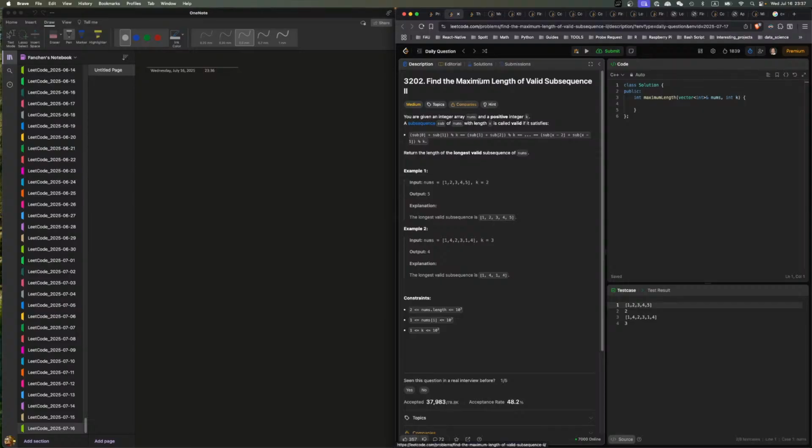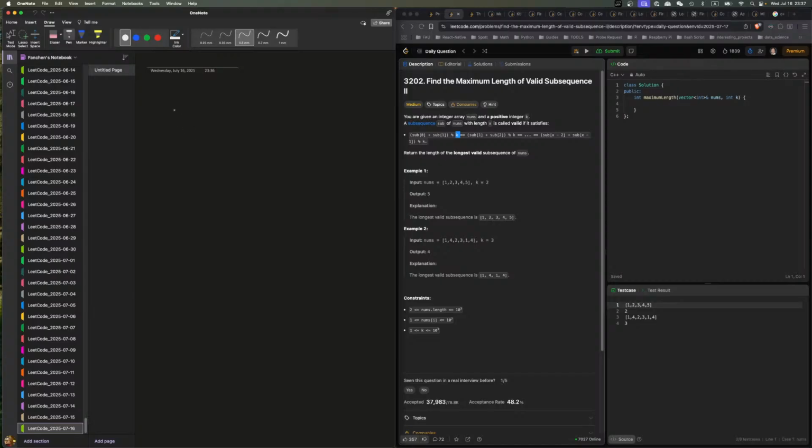So yesterday was pretty simple, and this one, isn't that the same? Oh, it's not the same. It's a K. So that means we need to find the ones with remainders, right?